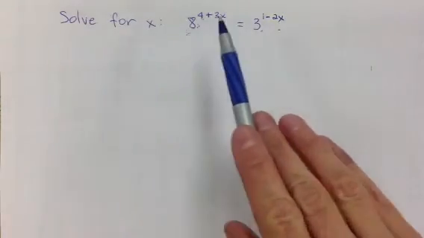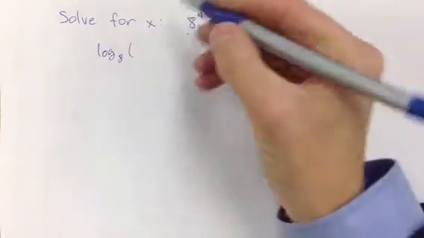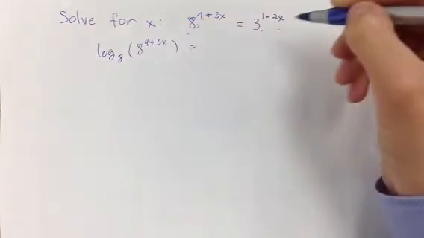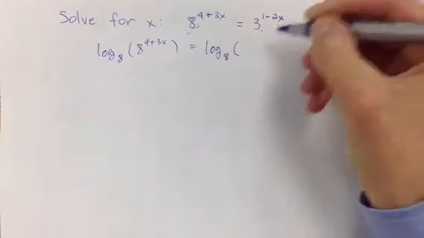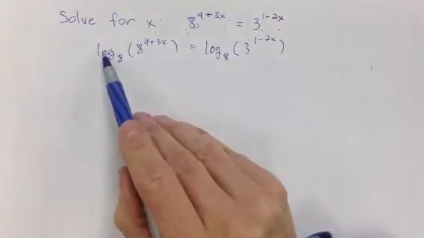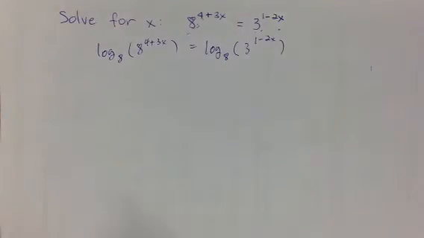So I'm going to take log base 8 of the left, so 8 to the 4 plus 3x, equals log base 8 of the right, so 3 to the 1 minus 2x. Okay, log base 8 of 8 to the 4 plus 3x, that's 4 plus 3x.